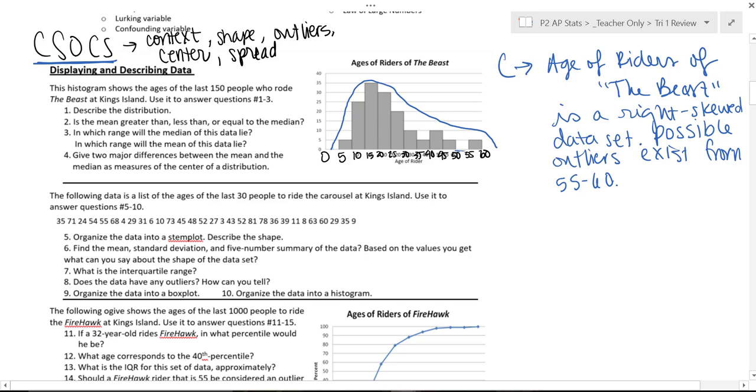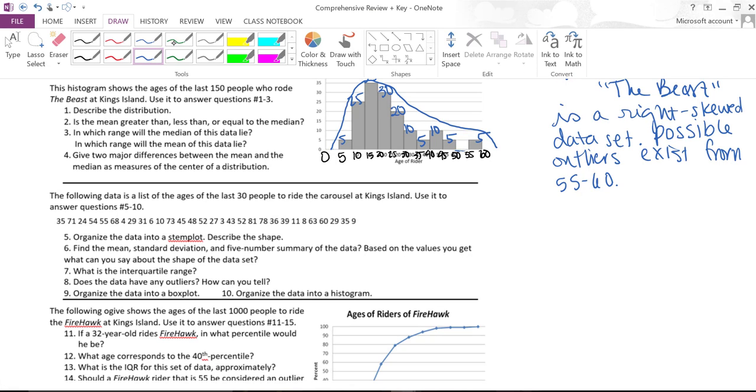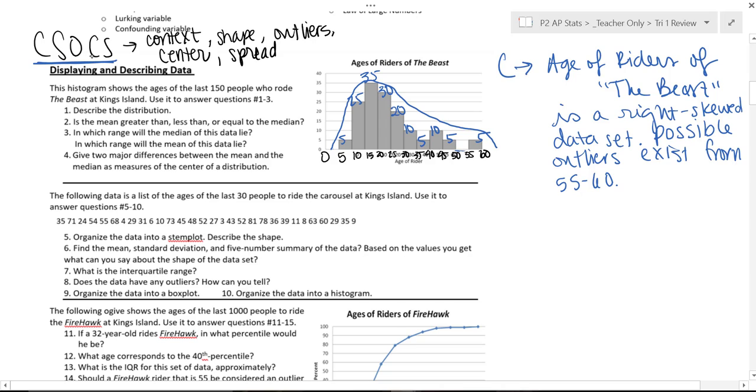The center, so we're thinking about where the center of this data is. We know there's five values in this column from 5 to 10. We know there's 25 here. So when we're looking for the center of data, we cross off until we get to that true center. The 5 cancels with the 5. We have 25 on the left to cancel, so we need to get 25 on the right.